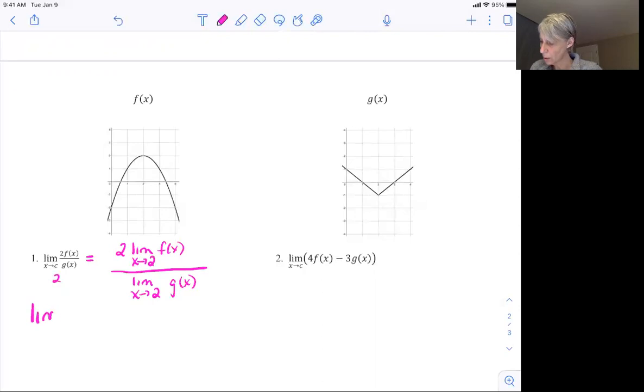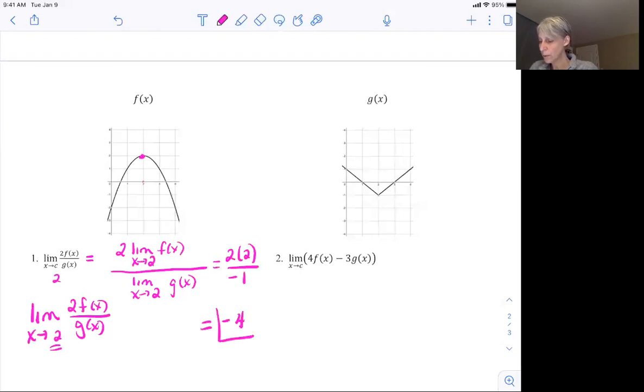So that's how the original problem should read. So our c value is 2. So the limit as x approaches 2 of f of x is 2. And the limit as x approaches 2 of g of x is -1. So our answer is -4.